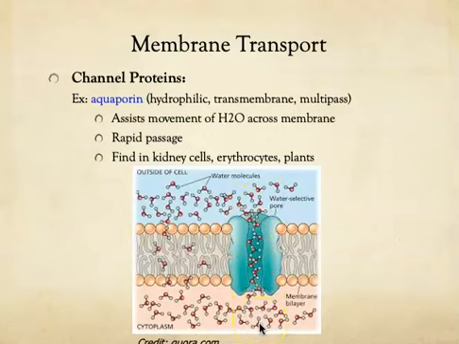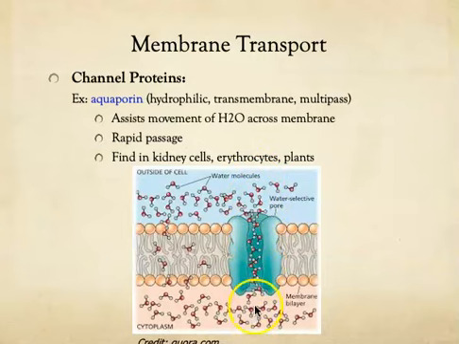Remember, we said in higher organisms like humans, there are physiological systems in place to try to prevent most of this, to try to prevent large osmosis events from occurring. We still need to be able to move water though, and sometimes quickly. So aquaporin and facilitated diffusion allow that to happen.